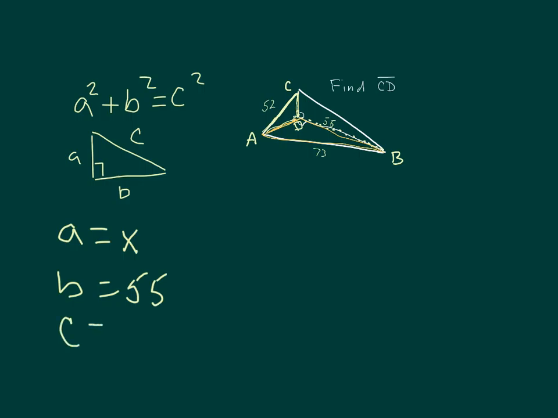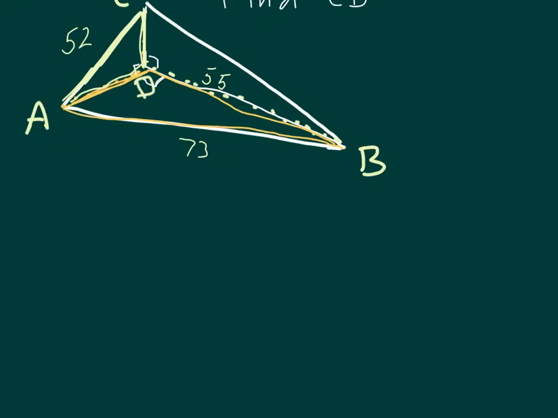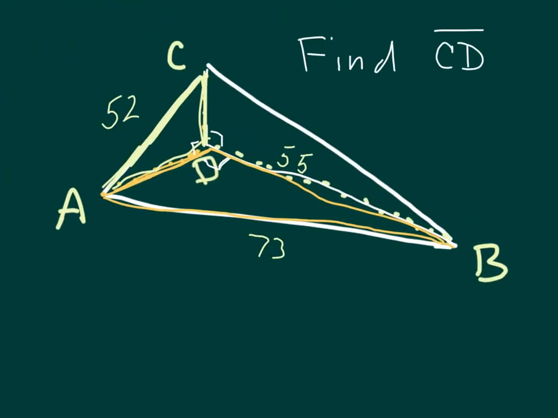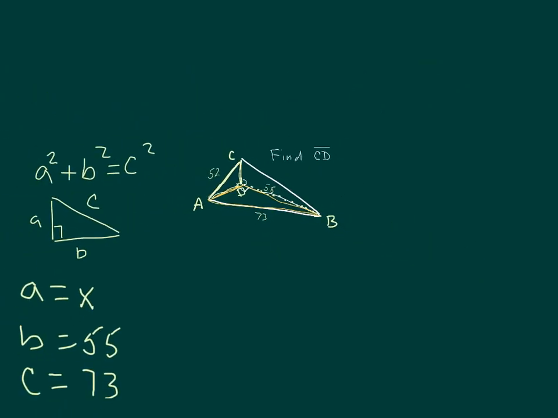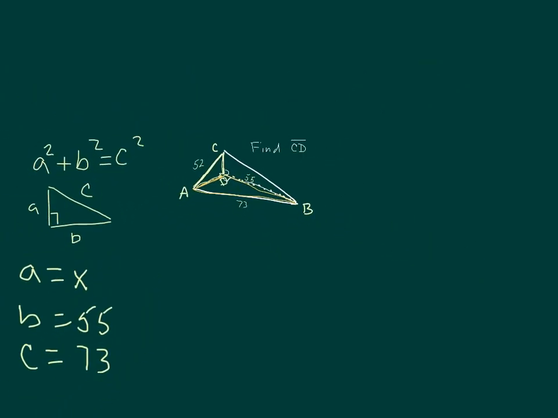And our C is 73 because that's the side opposite the right angle. Looking closely, these two sides are my A and B because they make the right angle, and this side is across from the right angle, so that's why it's my C. Okay, back to our problem.